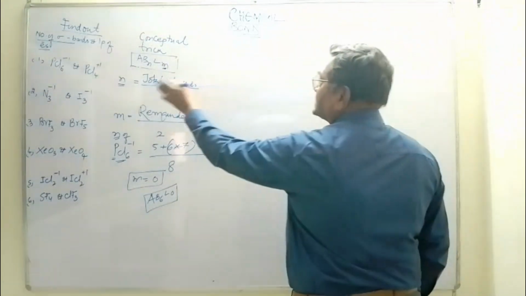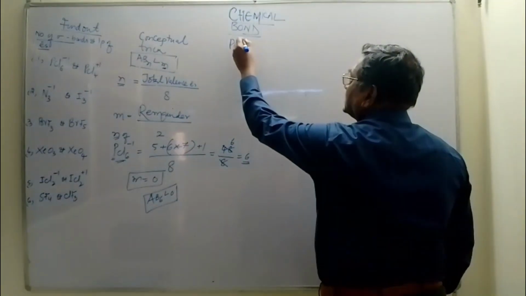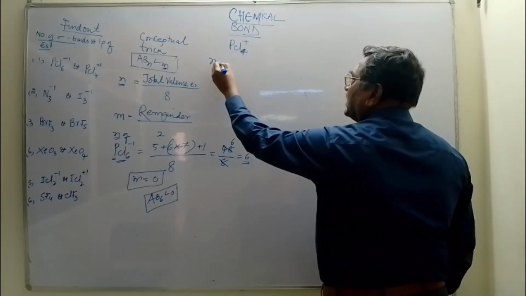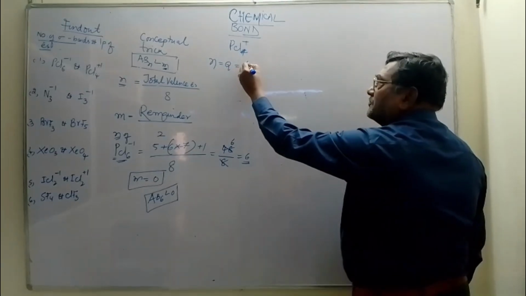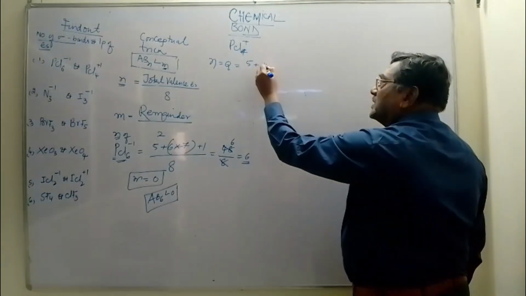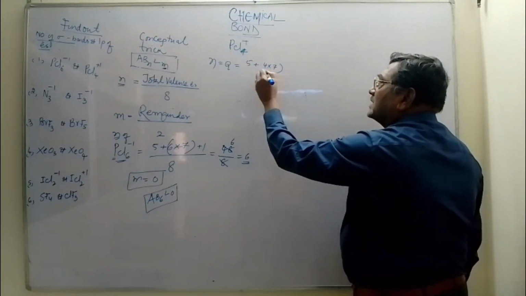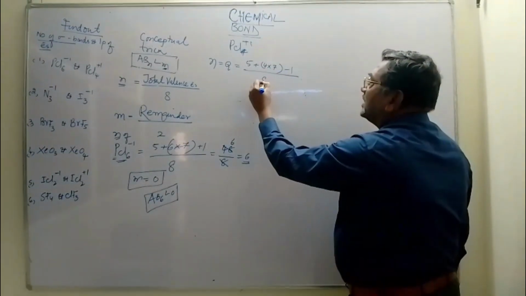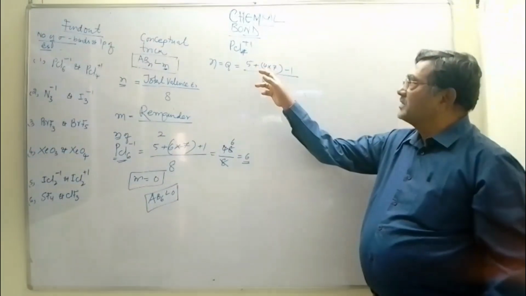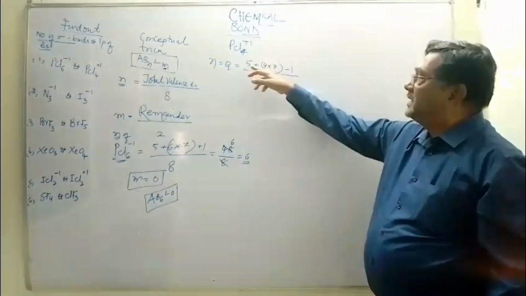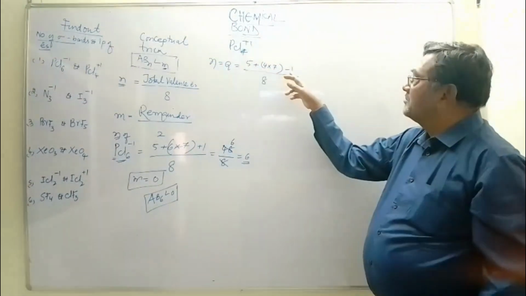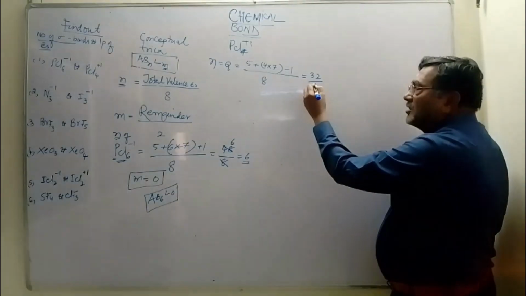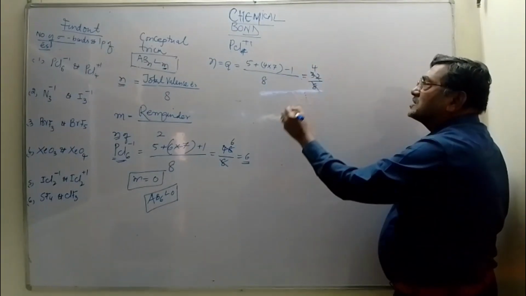Next we do the same example, PCl4 plus. Here 5 is the valence electrons plus 4 into 7, and the positive charge is subtracted, then divided by 8. So 28 plus 5 is 33, minus 1 is 32. 32 by 8, how much are you getting? It's 4.